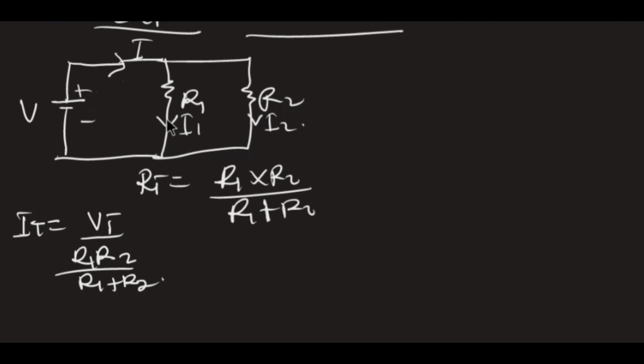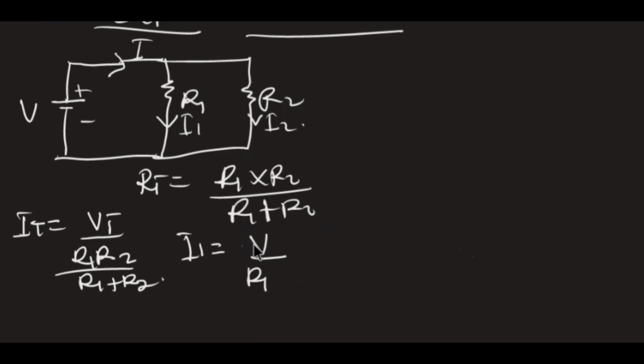The voltage across this is V, the voltage across this is also V. So my I1 is equal to the voltage here over the resistance of this. So my I1 is equal to my total voltage, which happens to be the voltage across this and this, that is V over my R1, right?